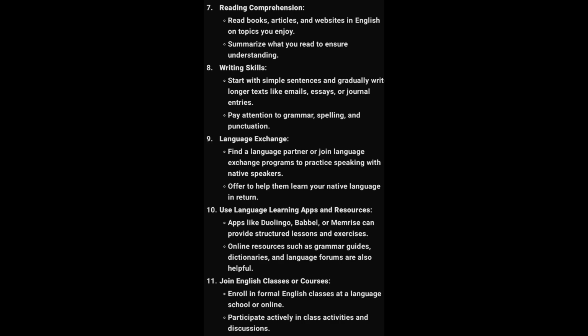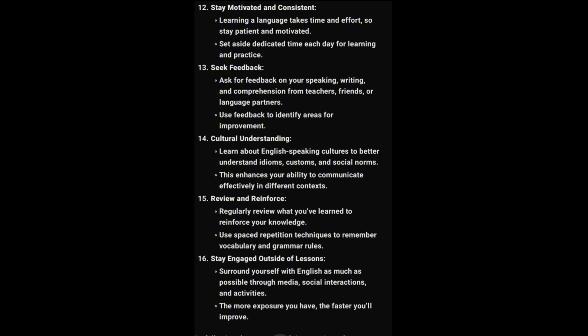Step number 13 is seek feedback. Ask for feedback on your speaking, writing, and comprehension from teachers, friends, or language partners. Use feedback to identify areas for improvement, which means if you are speaking and you are making a mistake, how will you come to know that you are making mistakes, or where you are making mistakes?